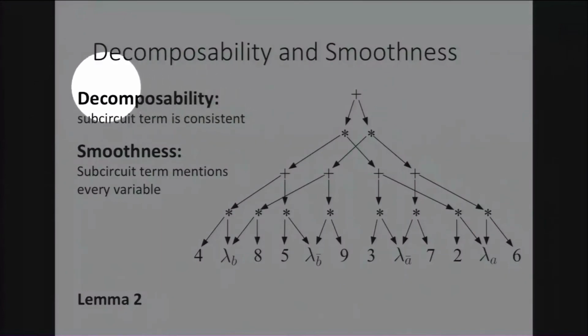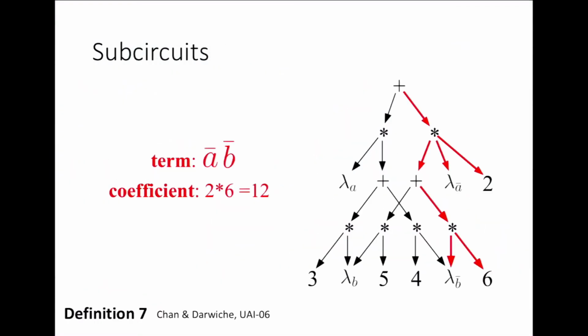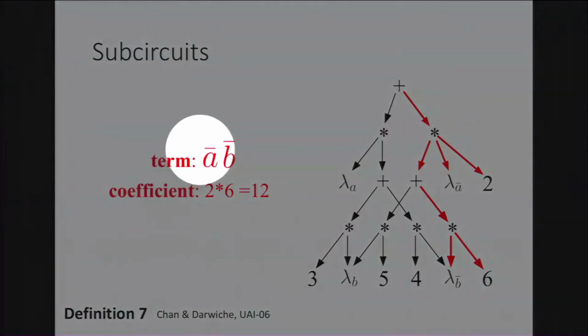Now, remember what smoothness said. Smoothness said basically if I have an adder, then the variables appearing in every subcircuit must be the same. That actually tells you that the subcircuit term mentions every variable. So when you get a subcircuit and find its term, that term now, because of decomposability and smoothness, is guaranteed to be a full variable instantiation.